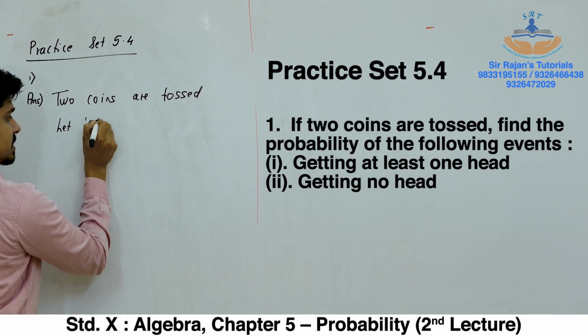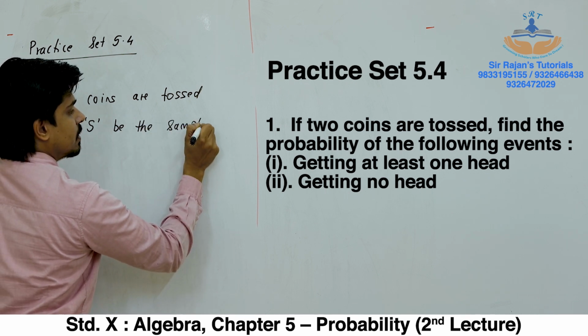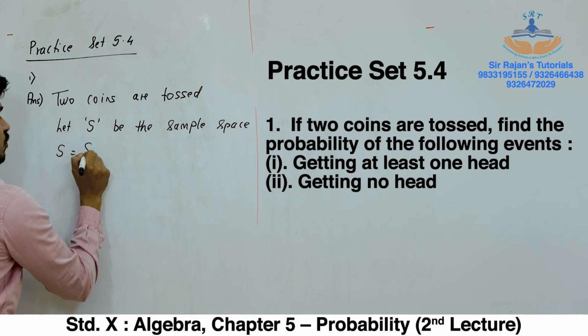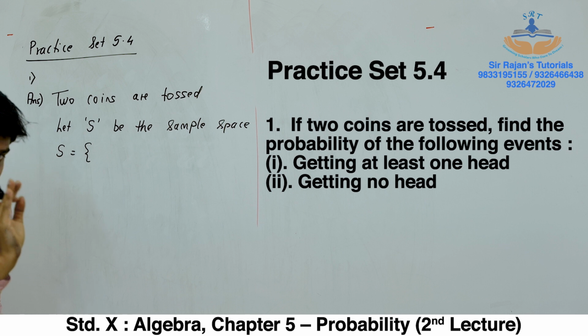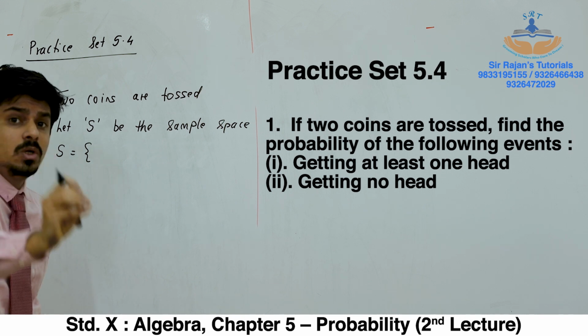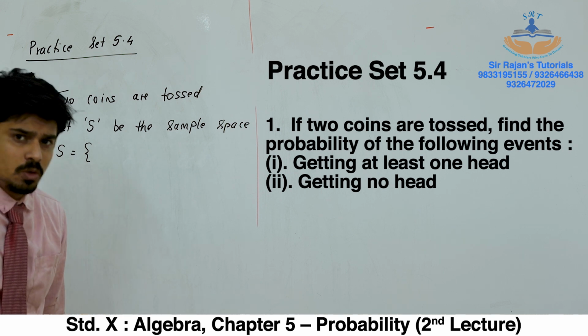Let S be the sample space. Now you must have already learned there are 10 to 11 random experiments that I have spoken about, and I have told you all to learn the sample spaces. If those sample spaces are learned, half of your job is done.